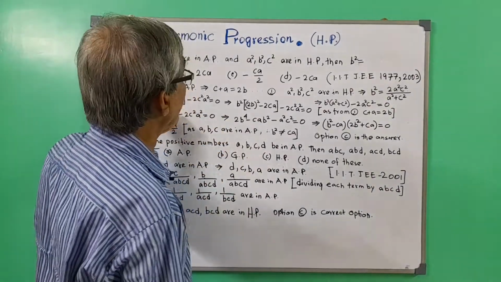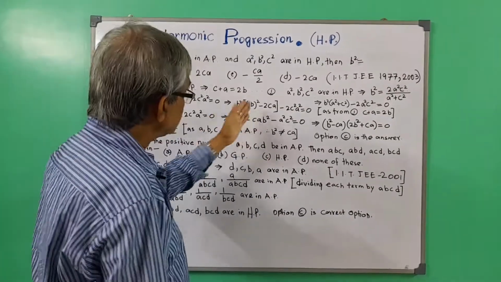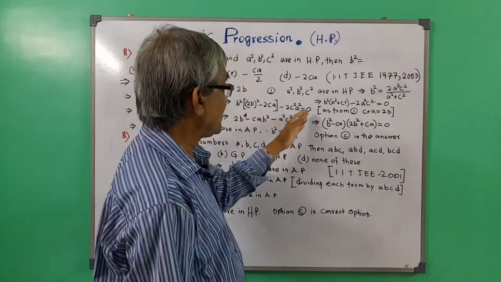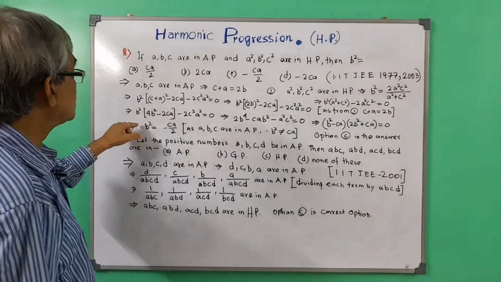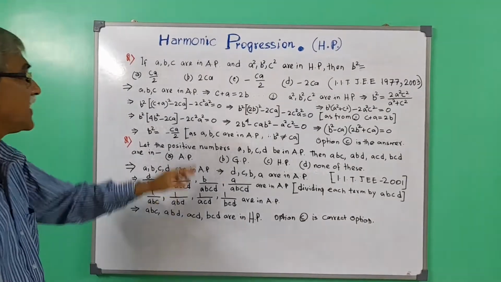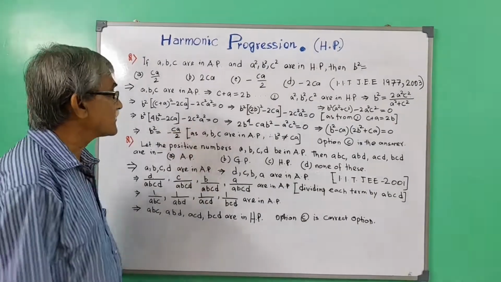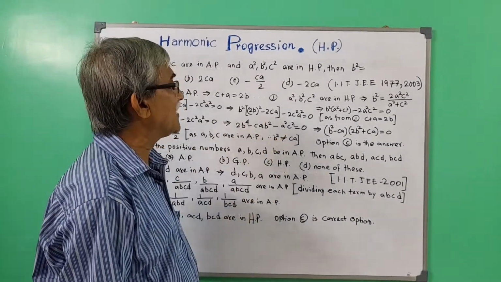In place of C plus A from the equation 1, you can place 2B. So B square whole into (4B square minus 2CA) minus 2C square A square equals to 0. This way you get 2B square square minus CA B square minus A square C square is equal to 0.